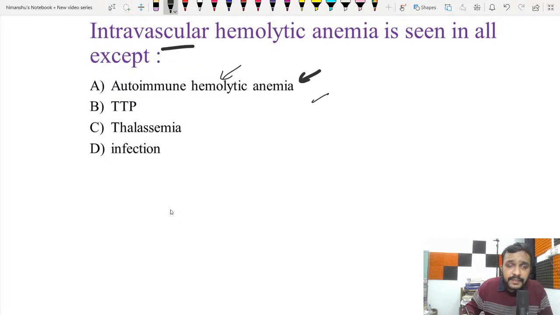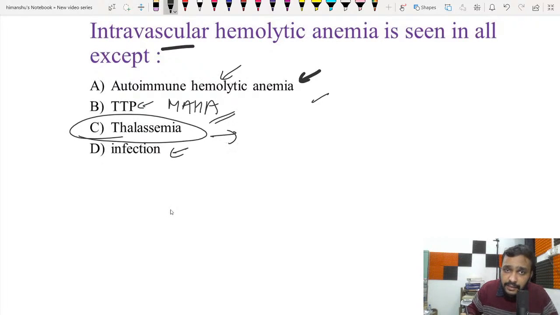In TTP also there is microangiopathic hemolytic anemia; hemolysis takes place within the blood vessels only, so it will be intravascular, and the same is true for infection. Whereas in thalassemia, the RBCs will be broken down in the spleen. So the answer is thalassemia.